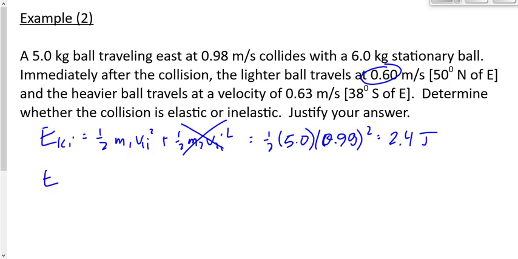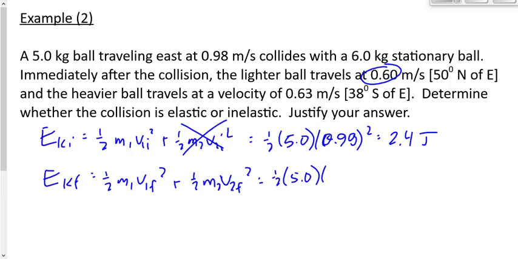Separately now, EKF is equal to 1/2 m1 v1f squared plus 1/2 m2 v2f squared. See what I've done there? Where did that 50 degrees north of east go?